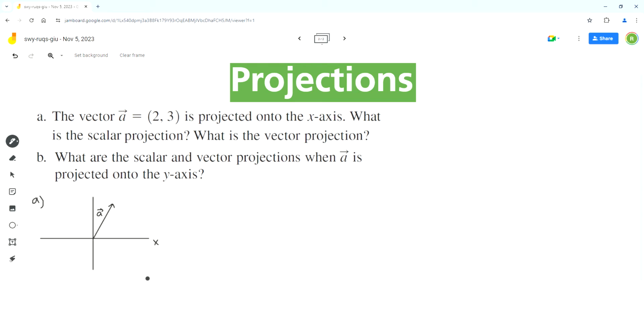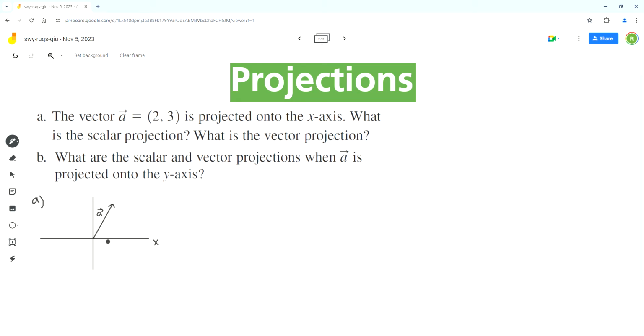Now we have to find the projection of vector A onto the x-axis. So we have to write a vector for the x-axis, and it can be the position vector for a point on the x-axis. So it can be 1, 0, 2, 0, 3, 0 or any other number. We'll have to use the positive x values because this vector A is in quadrant 1.